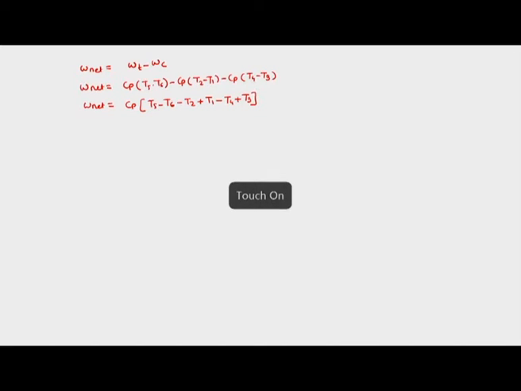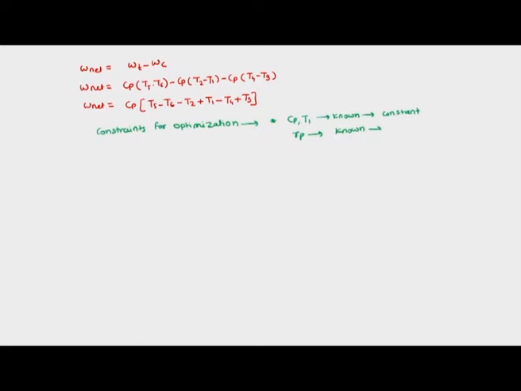Again we will look at the constraints that we had thought of. The constraints for optimization that we saw last time were: one, Cp and T1 are known, so they are constants. The next constraint is Rp is known, so it is constant.